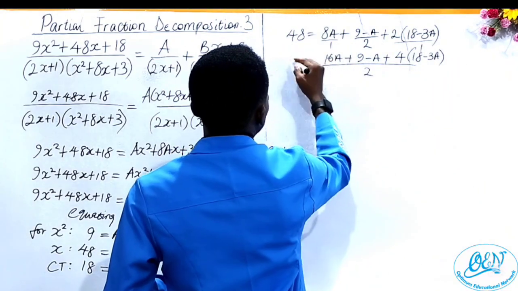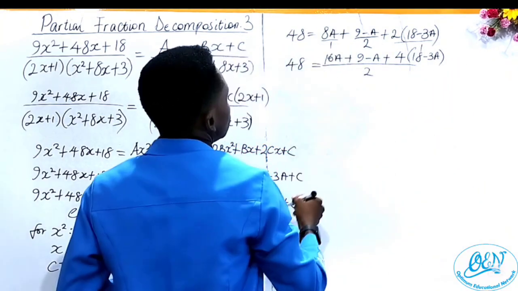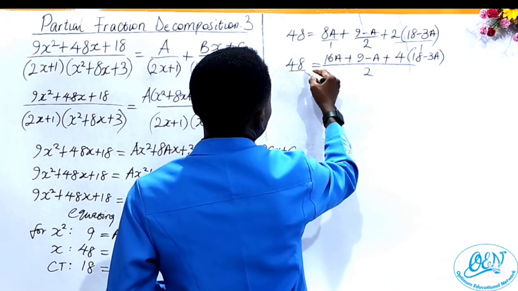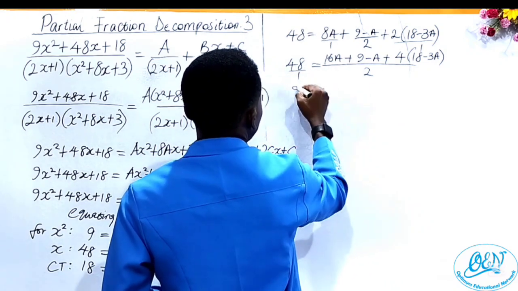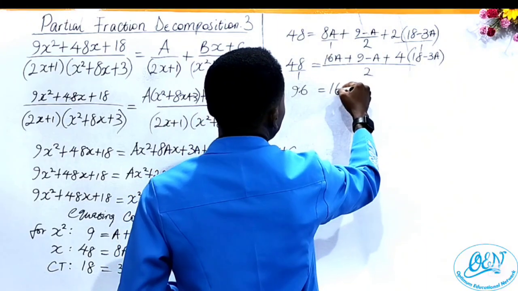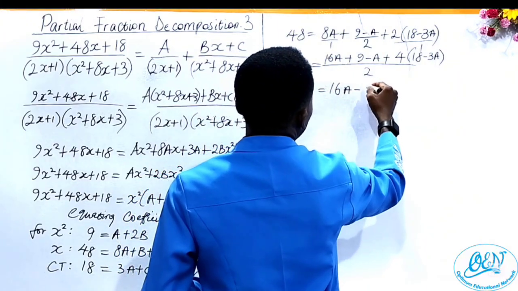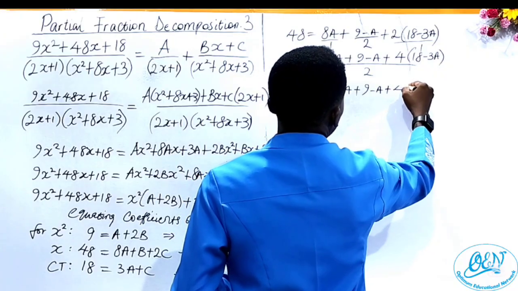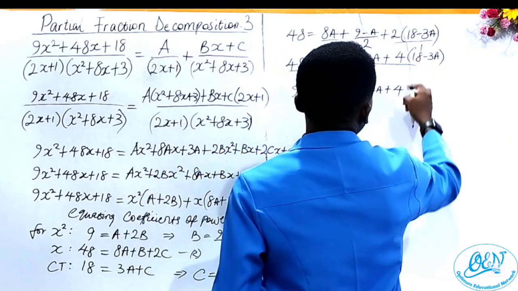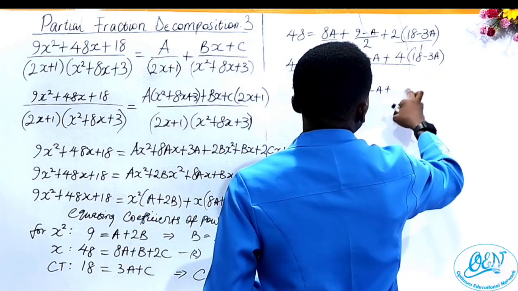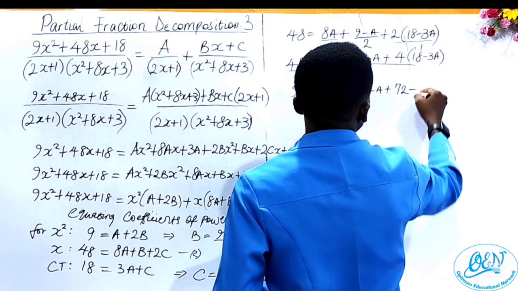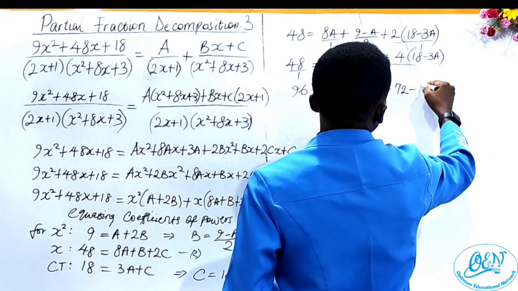This is equal to 48. So we cross multiply: 96 is equal to 16a plus 9 minus a plus 4 into 18, which is 72, and 4 into 3a is 12a.